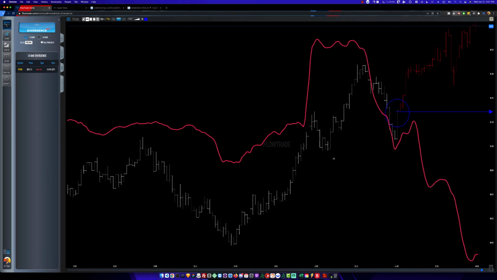looks like we ran hard into the end of the day. However, the algo began selling about 45 minutes before close. The algo started selling pretty significantly.